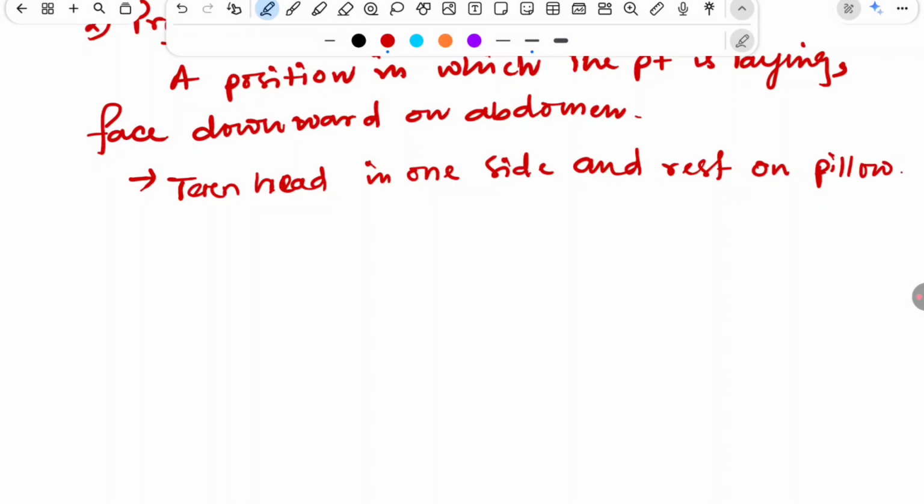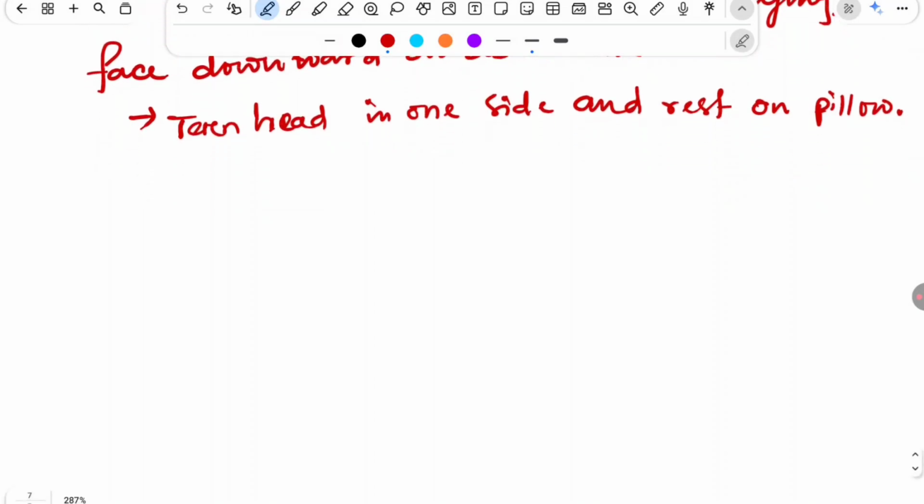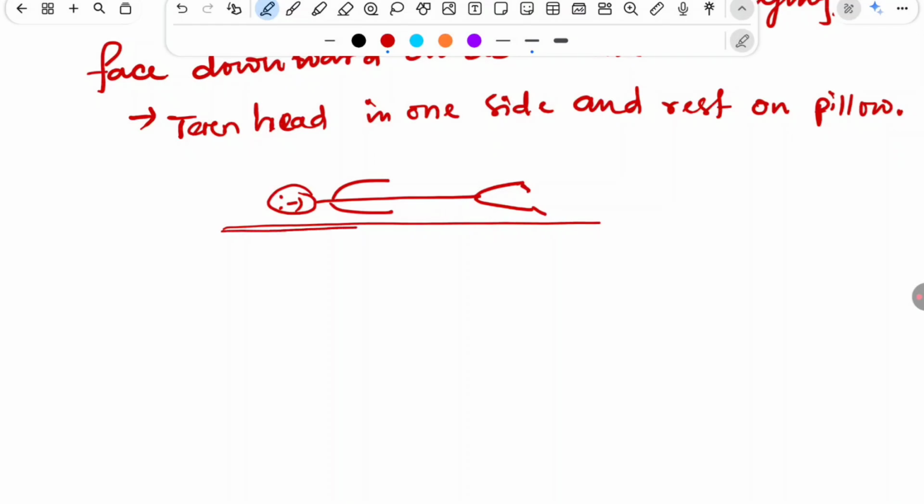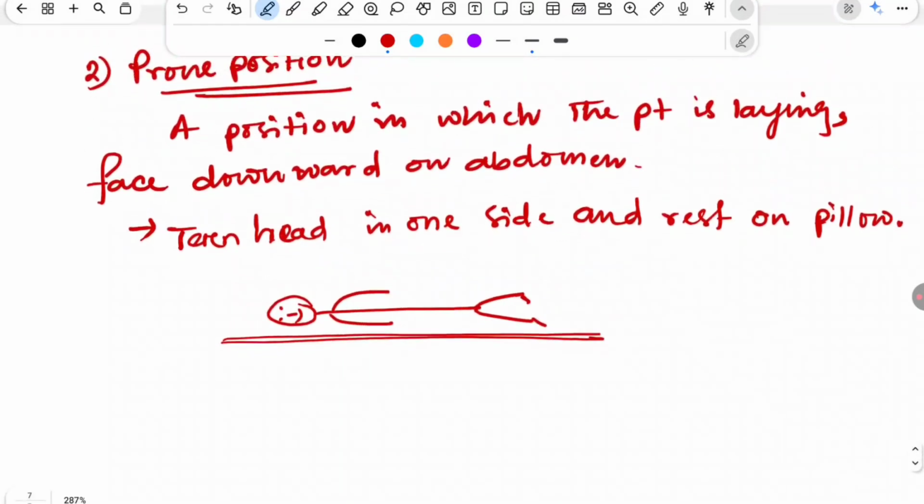Okay, so for this drawing, suppose this is one man, hand will be like this and his leg also like this. This is suppose a line, in that he is sleeping. So this is only prone position.